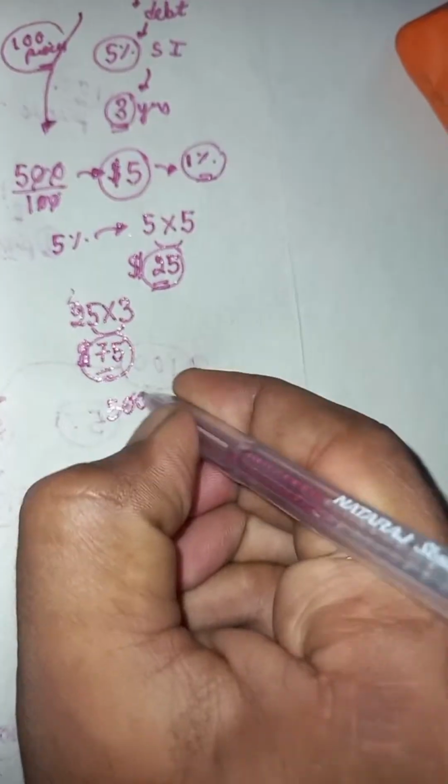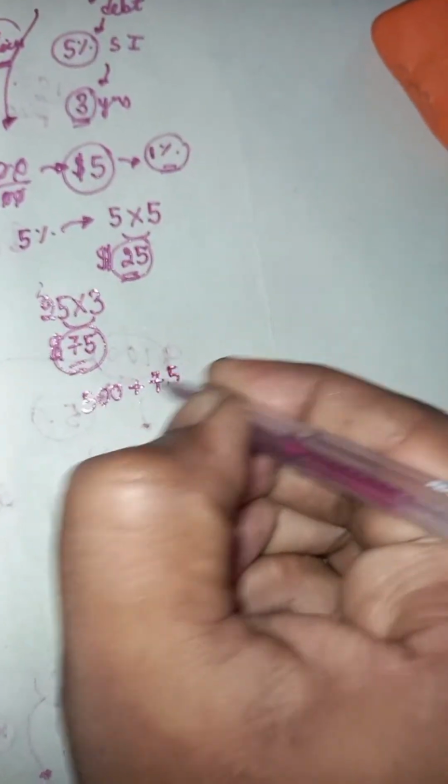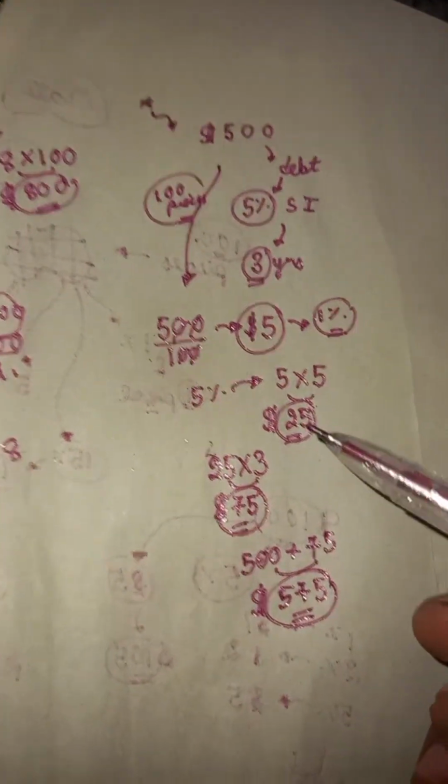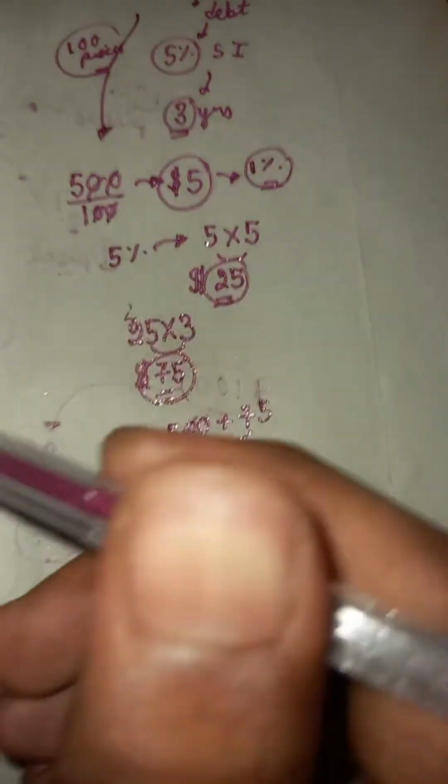It becomes 500 plus 75, which is $575. That is the actual value of the percentages.